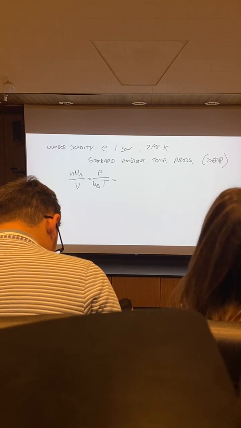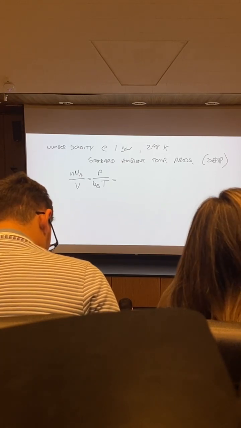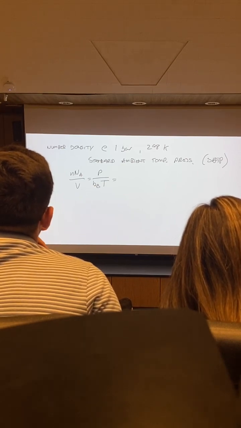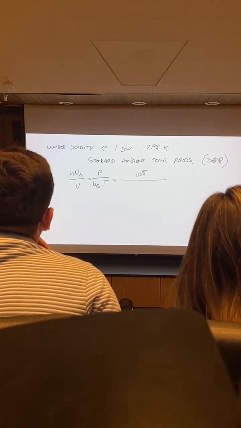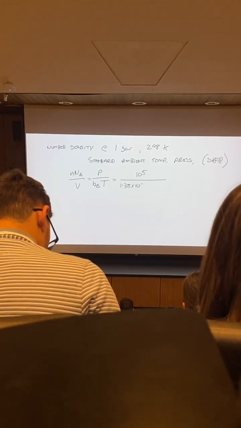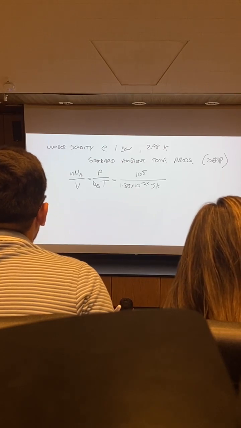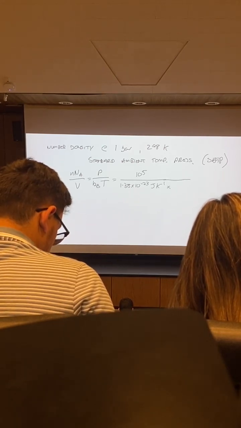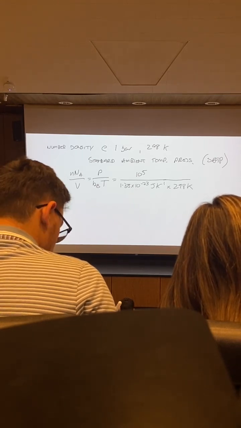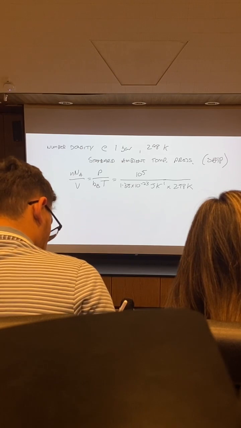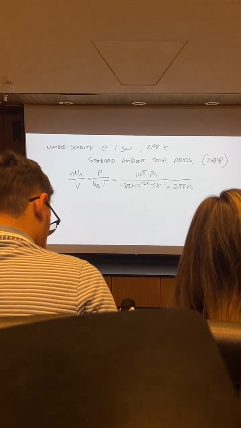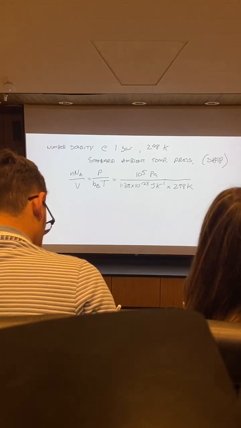We can drop some numbers into this equation here, putting everything into SI units. 1 bar of pressure in SI units is 10 to the 5 pascals. So that's in the numerator. And then I'm going to divide that by the Boltzmann constant, which is 1.38 times 10 to the minus 23 joules per Kelvin, and multiply that by my temperature of 298 Kelvin. Units are there, pascals. Again, you can expand all these out into terms of basic SI units of kilograms, meters, and so on.